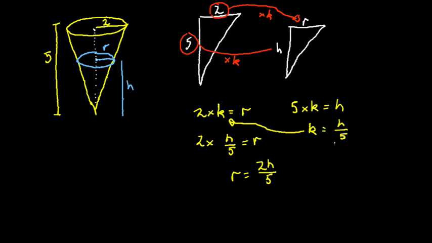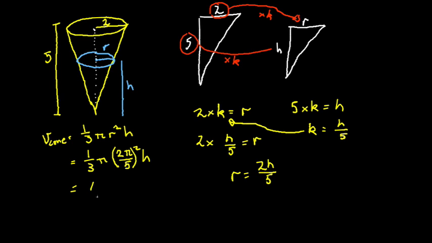Now the next part asks to find the volume in terms of h. Well, the volume of a cone is 1/3 pi r squared h. Now I know r is now 2h on 5, so I'll replace that in there.